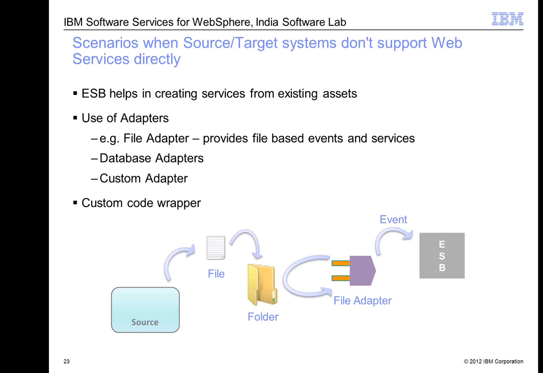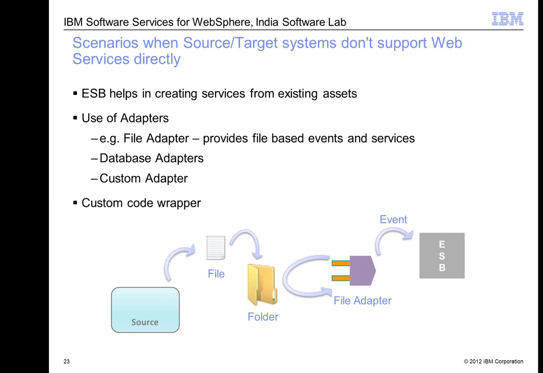So like I said, there are some adapters available out of the box with some of the Enterprise Service Bus applications, and then there are other adapters that you can get for SAP, ERP, SCM, and so on. And if you have an application for which there is no adapter available, you can actually create your own custom adapter. Some of these Enterprise Service Bus technologies provide ways for you to develop adapters.